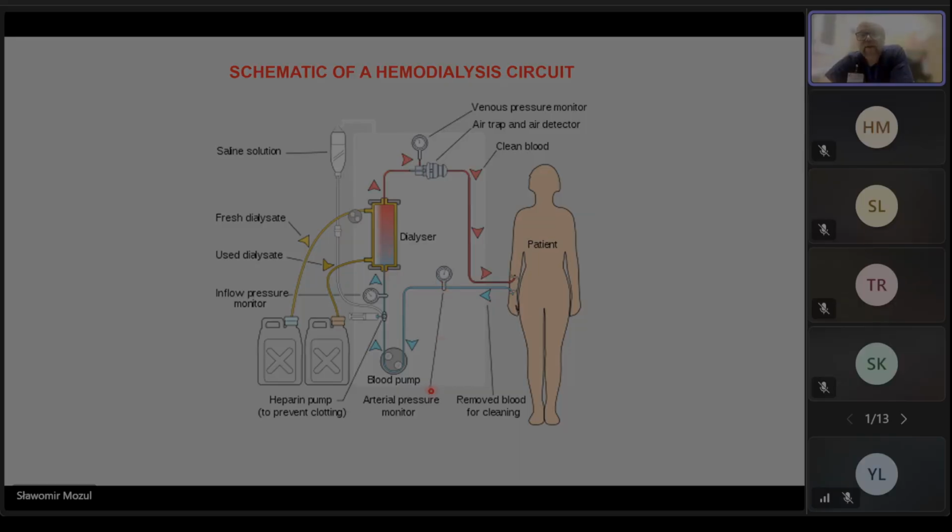At the same time, the dialysis fluid, yellow in color, flows through the dialyzer at a speed greater than the blood flow, about 500 milliliters per minute, for a 4-hour dialysis session. So 120 liters of dialysis fluid are needed to perform one hemodialysis for one patient.